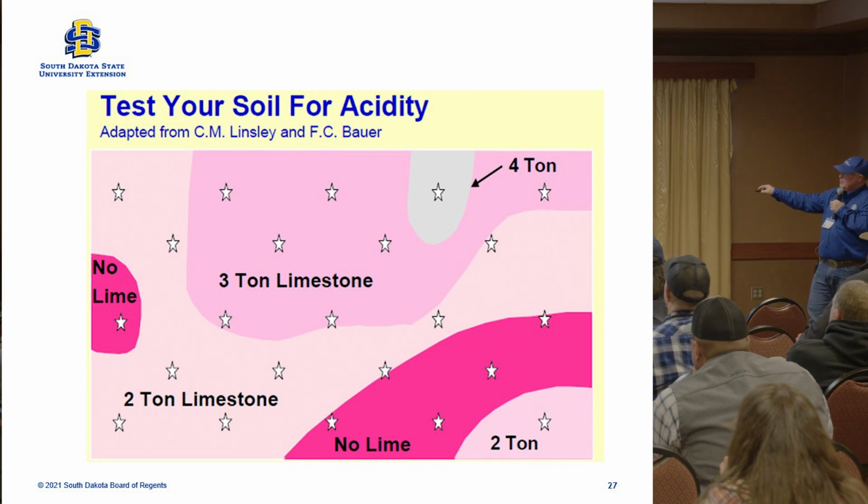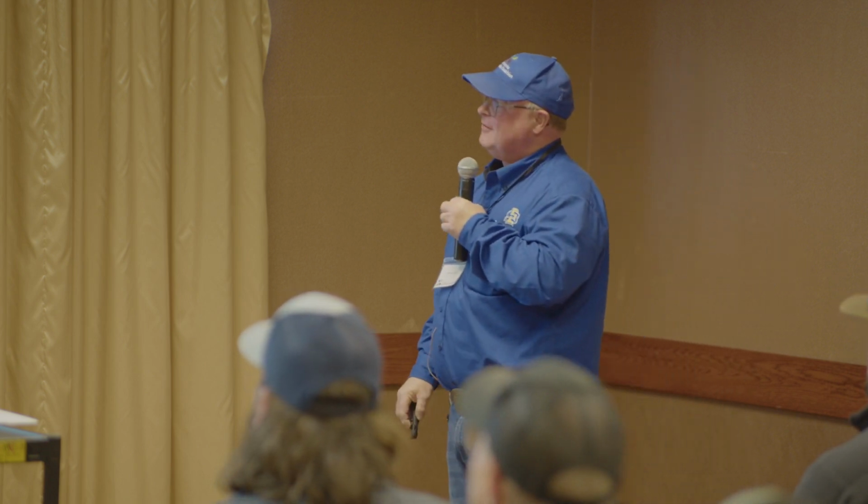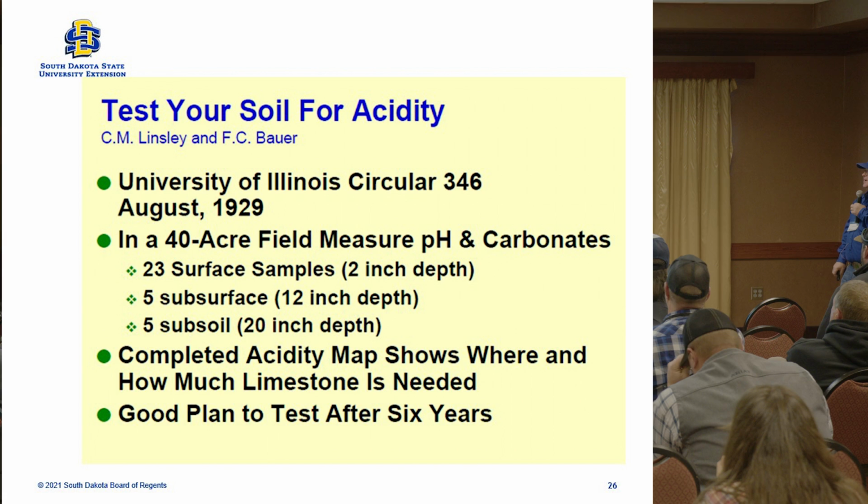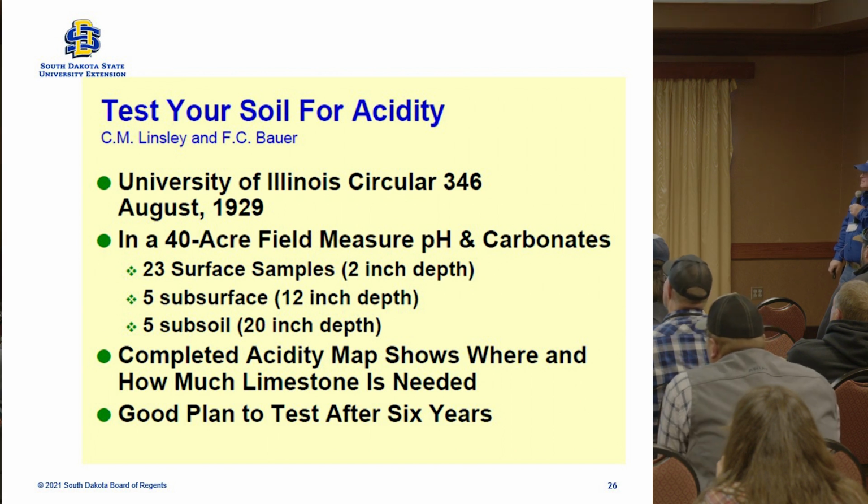They took grid samples and they knew how to measure pH the old-fashioned way. They didn't have a hydrogen ion selective electrode plugged in electronically. There's a chemistry way to do it with color. That's an old-fashioned thing, but it's Circular 346, 1929. There's where their recommendations were. So that's the first example.